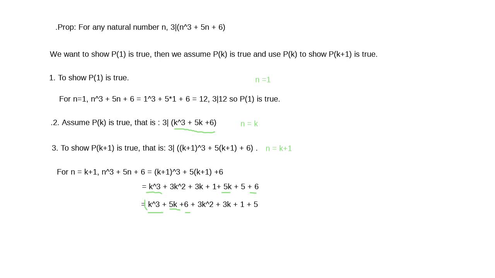So I put this together, right? I know this can be written as a 3 something. Because 3 divides this, this can be written as k cubed plus 5k plus 6 equals 3m for some integer m.